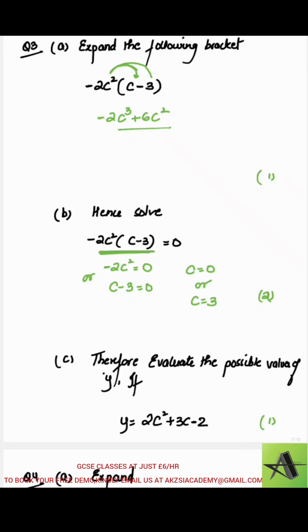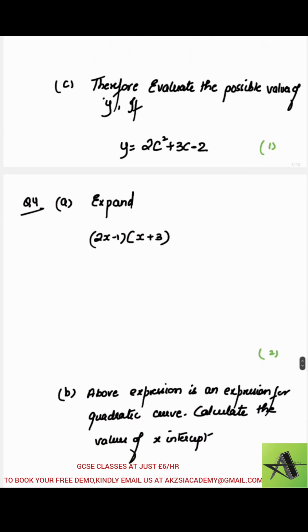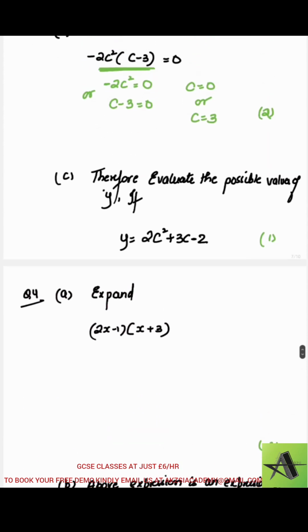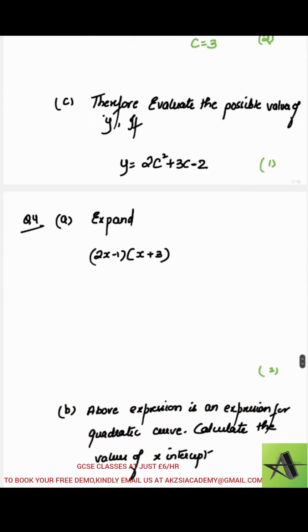Next, evaluate the possible values of y if y equals 2c squared plus 3c minus 2. We have calculated c as 0 and 3, so I'm substituting c as 0 in the first case. So y will be 0, 0, minus 2, which is minus 2.